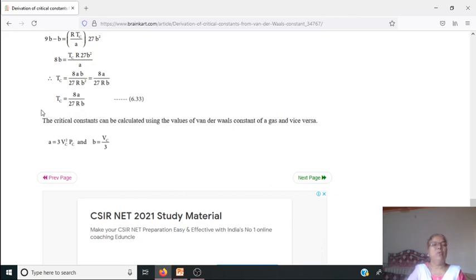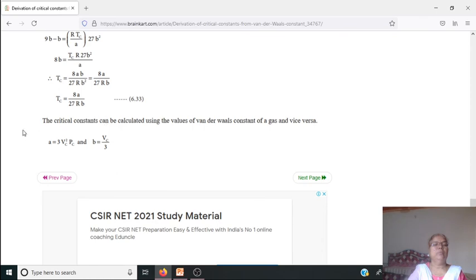So here we have obtained the values of Pc, Vc and Tc. And in terms of critical volume and critical pressure, we have the value of A as A is equal to 3 Vc square into Pc, and B is equal to Vc by 3.